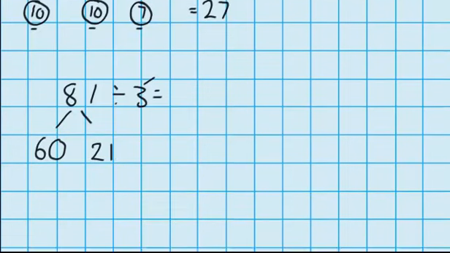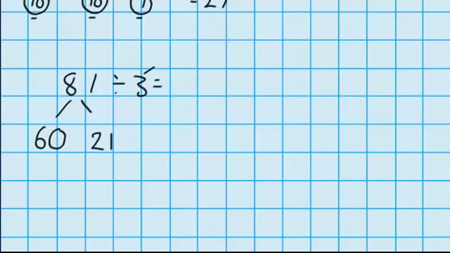Now I knew I could share out 60 because 10 groups of 3 equals 30, so 20 groups of 3 must equal 60. So let's start by sharing out these 60. 60 items shared between 3 groups means I need to put 20 items in every group.